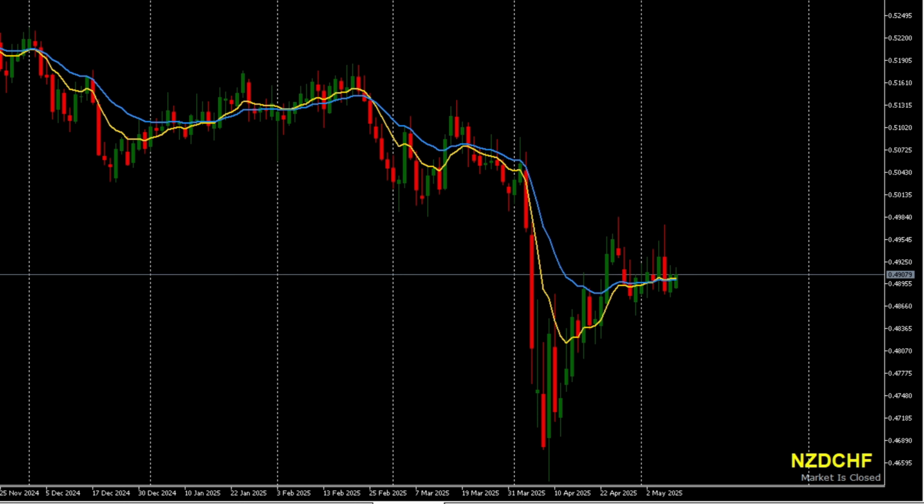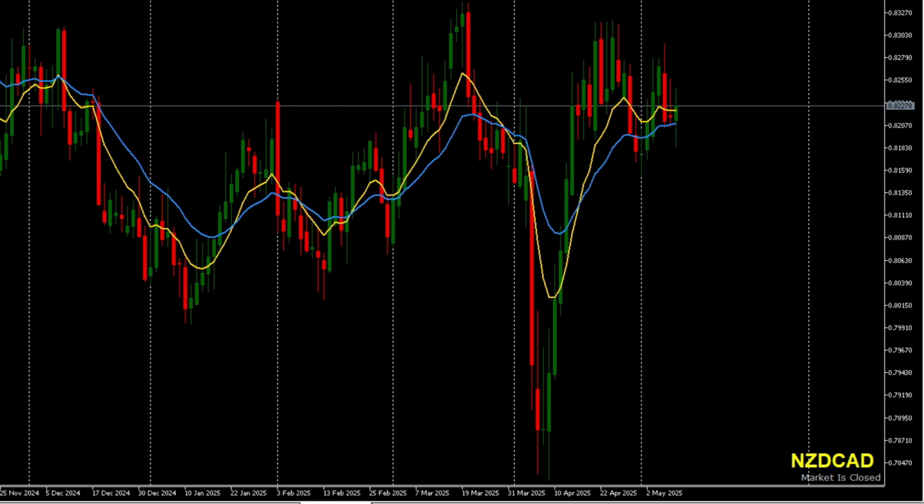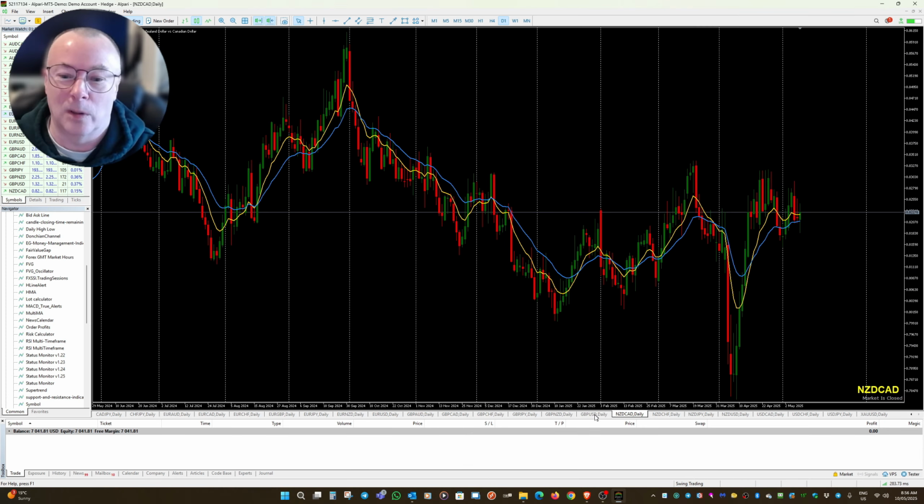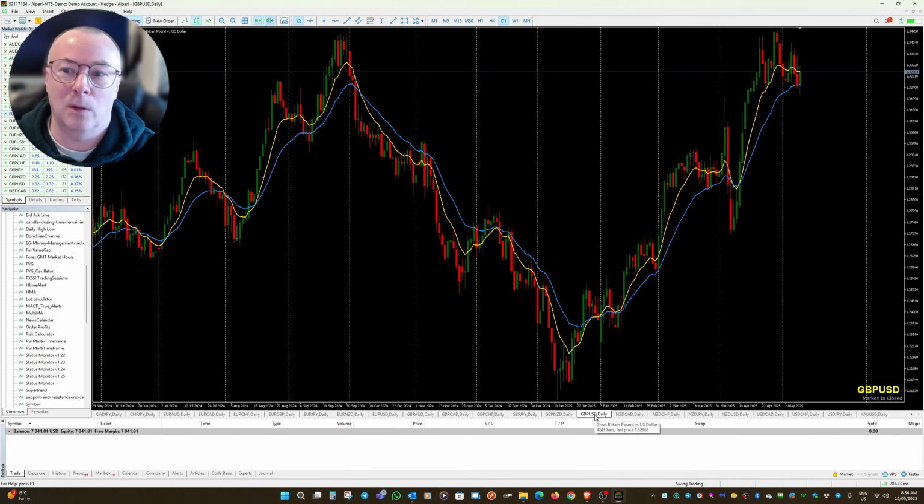So keep going. We'll ignore sideways markets like this, and this one is a little bit too sideways as well. Okay, this one looks like a trending market. We have a pullback here to the 20 EMA, two days of shorts and then followed by a long.